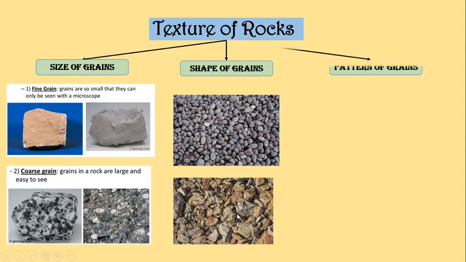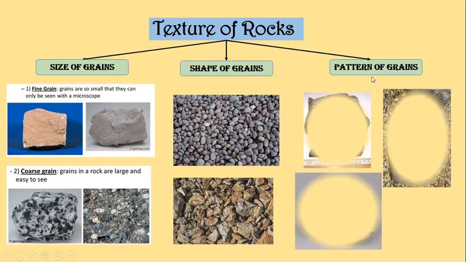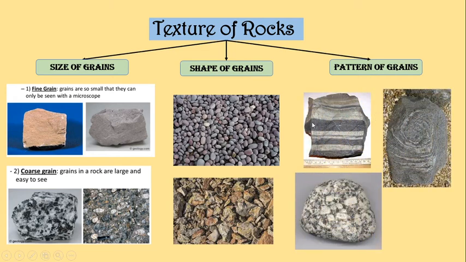Now the third is patterns of the grains, ya. Patterns of the grains, we have three patterns here. The first is banded patterns. You can also open your book on page 105. The first is banded patterns. Banded patterns have a line pattern.